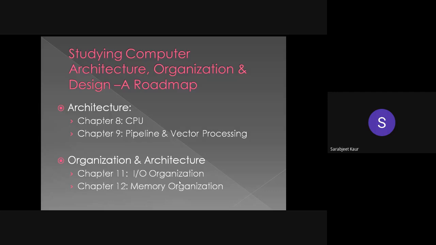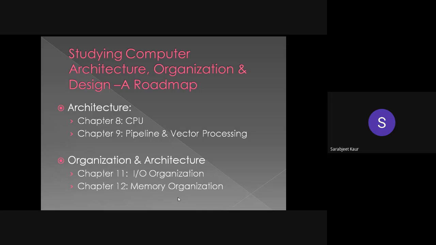Then chapters 11 and 12 talk about both organization as well as architecture, where we talk about IO organization and memory organization. Chapter 12 is now out of your guidelines. We will be doing chapter 11, but it is good to know what topics come under which heading.